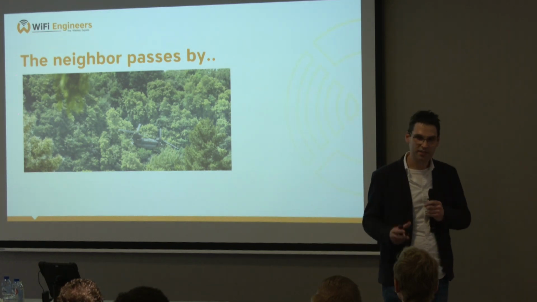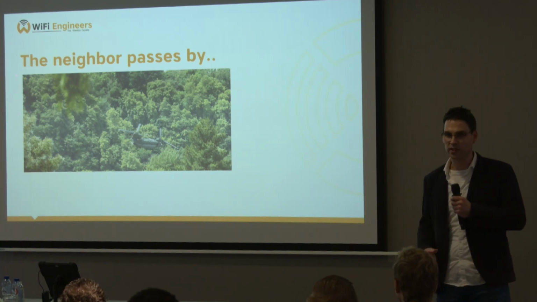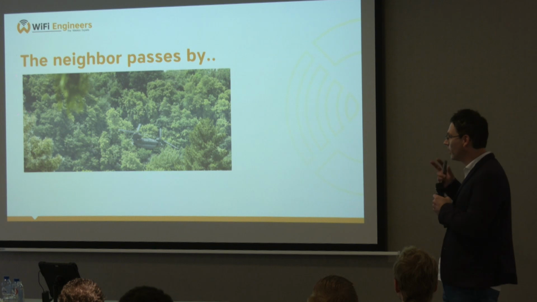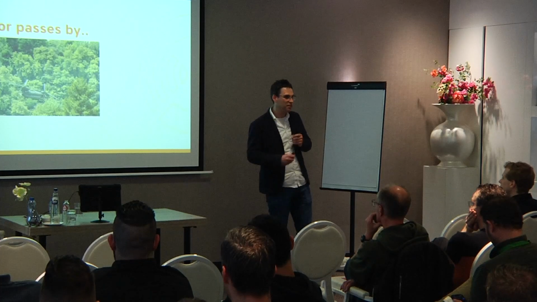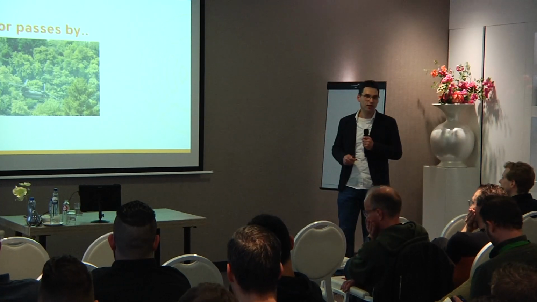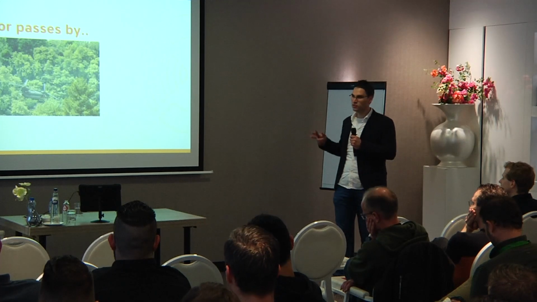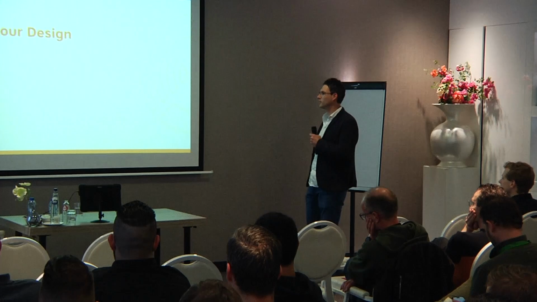So these things are things you need to try to identify upfront. Ask your customer, hey, can I expect maybe planes flying by? It might not be the most usual question to ask, but these things do happen, and they will affect your wireless design.